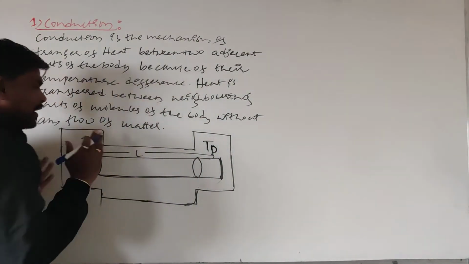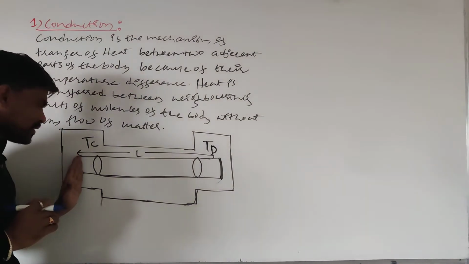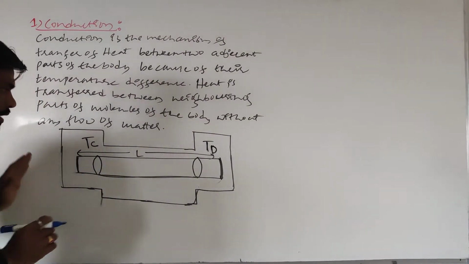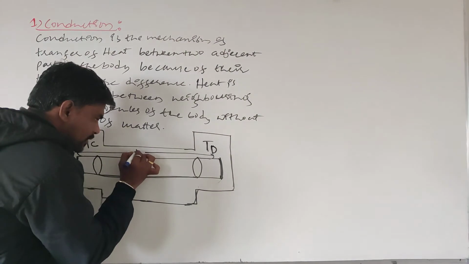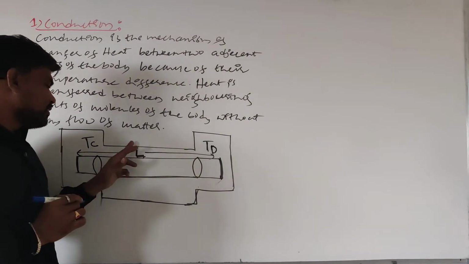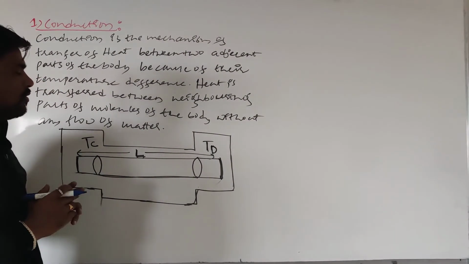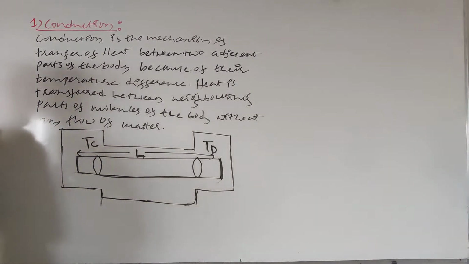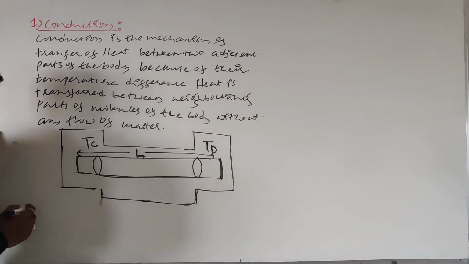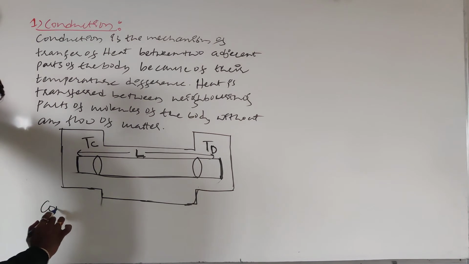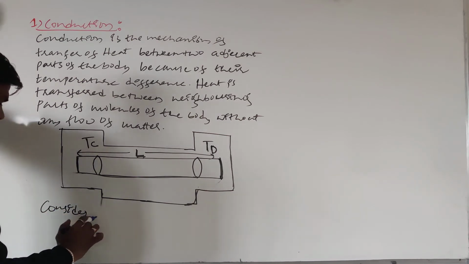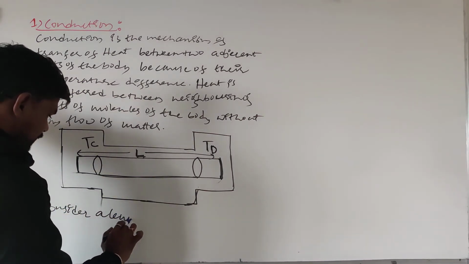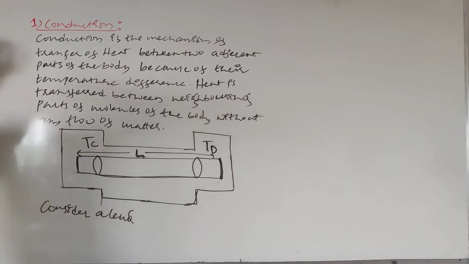So TD and TC are the temperatures of those parts, right? L is the length of this rod. Consider a rod of length L.